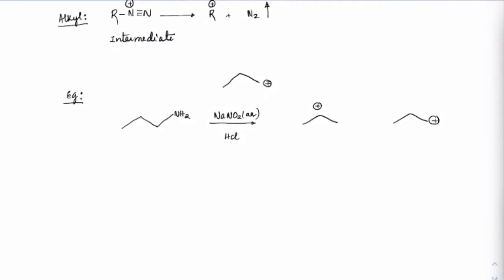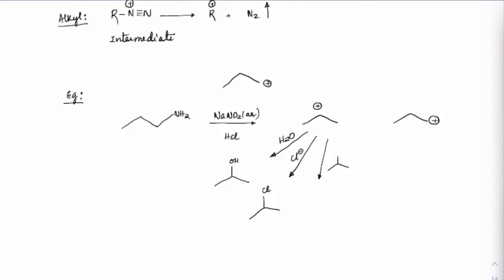Now see what all things are present in the solution. Because it is an aqueous solution, we have H2O. So in the presence of water, we can get alcohols. We also have halide Cl minus, so there is a chance that we can get chloride. And since we got an alcohol already, there is a carbocation already present here.